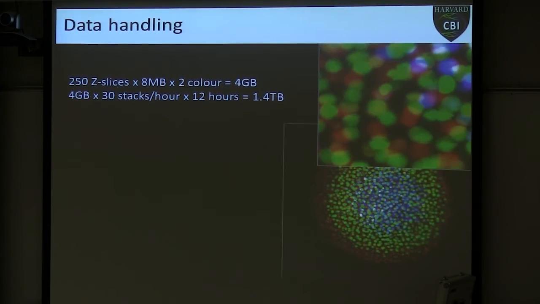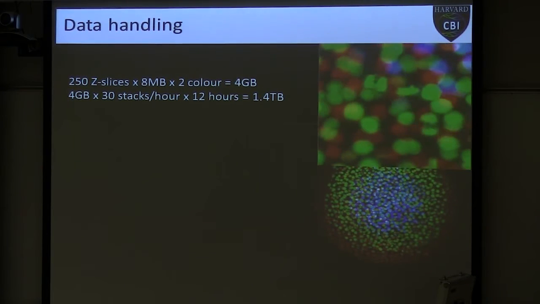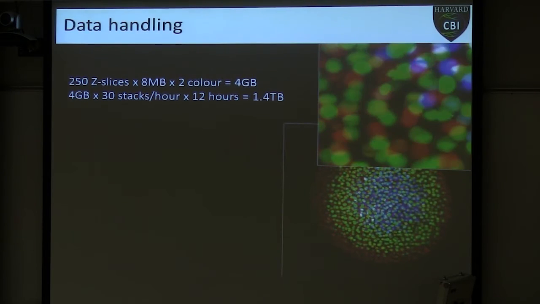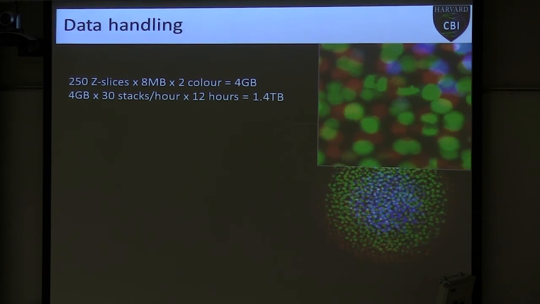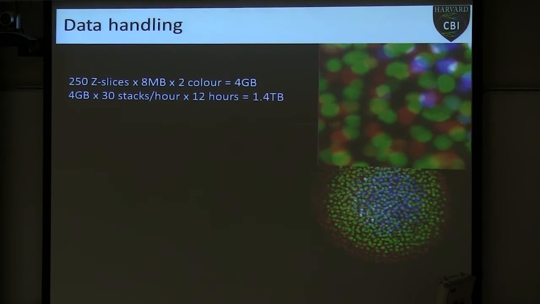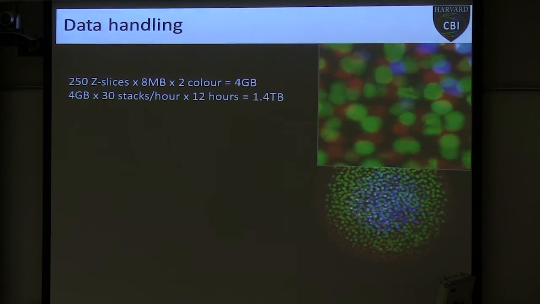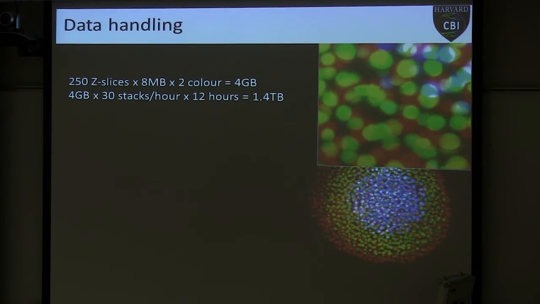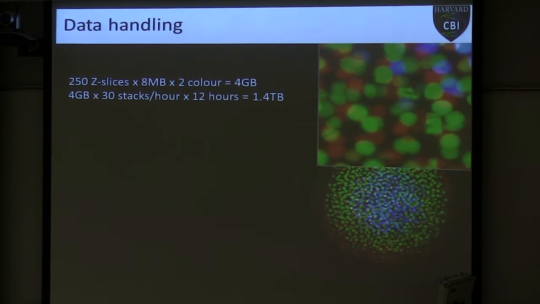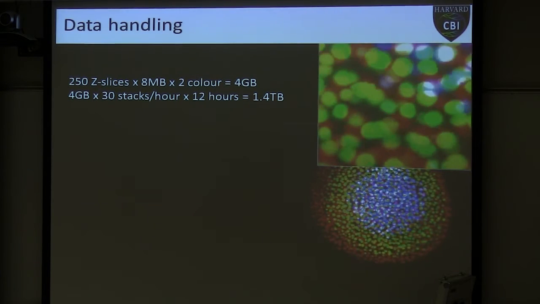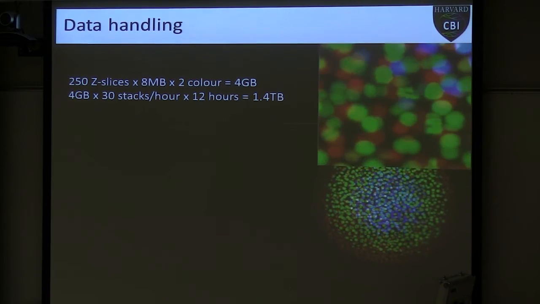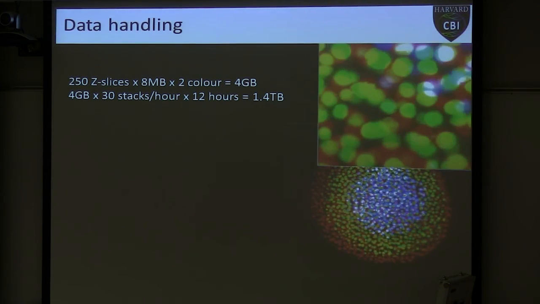Even more intimidating, let's do a multi-view time-lapse image. So now we're doing about 250 Z slices through our zebrafish embryo. Each one of those is 8 megabytes. We have 2 cameras on the system, so let's collect this in 2 colors. So there we have 4 gigabytes per Z slice, right? 4 gigabytes times 30 stacks per hour, so we're acquiring these every 2 minutes, times 12 hours, now we're at 1.4 terabytes.